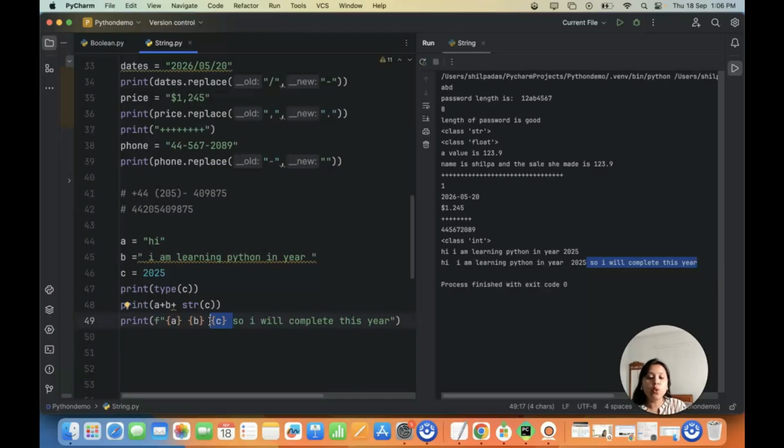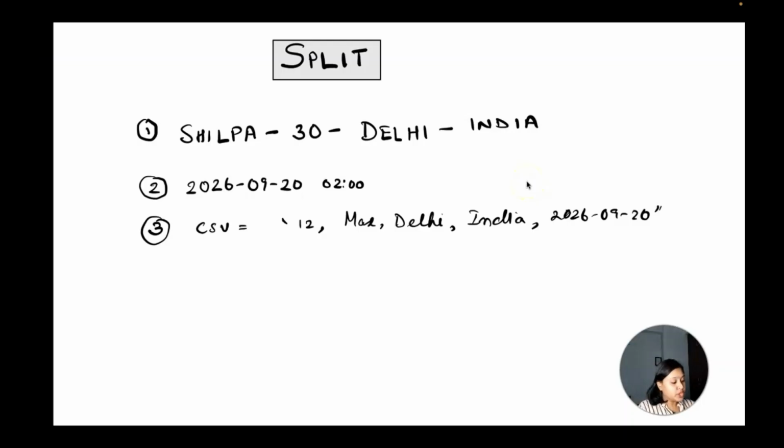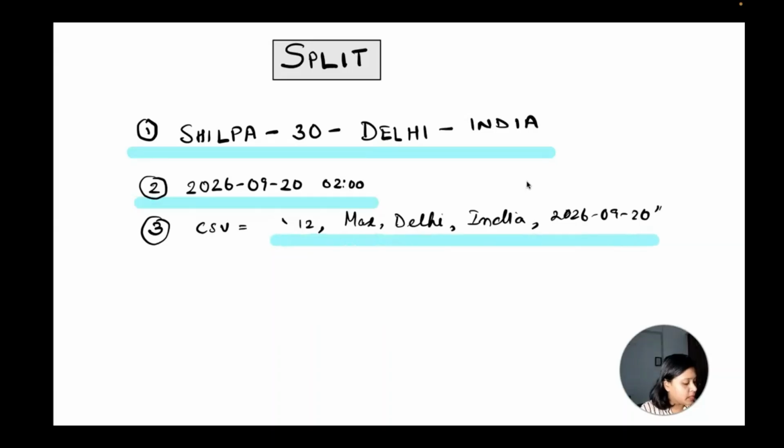Okay, so let's go with the next topic that we have. The next topic here is split. If you see in the first one, we have a split with hyphen. In the second one, we have hyphen with space. And in the third one, we have some commas, right?